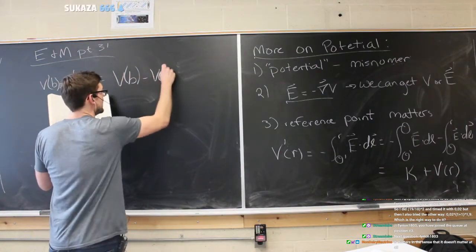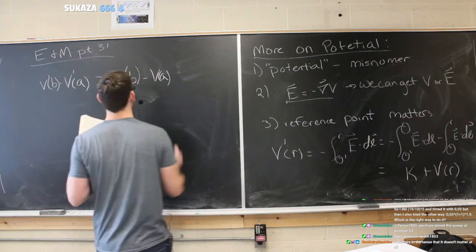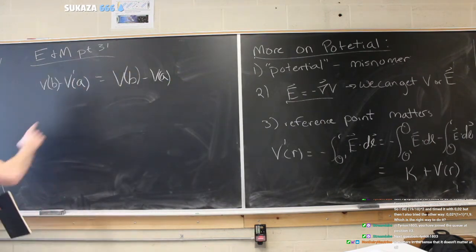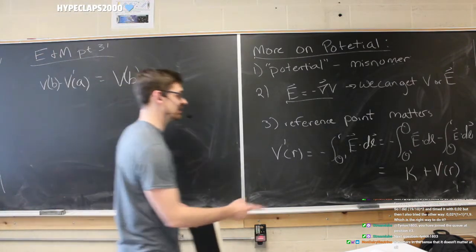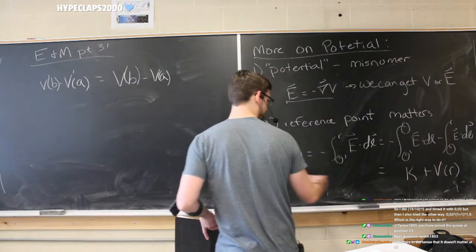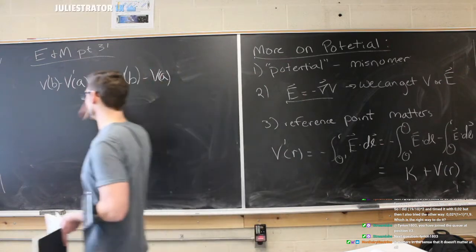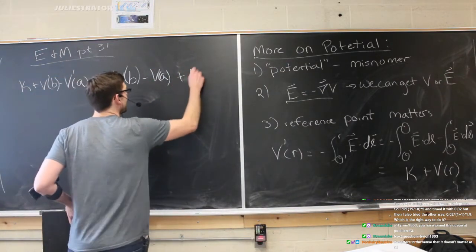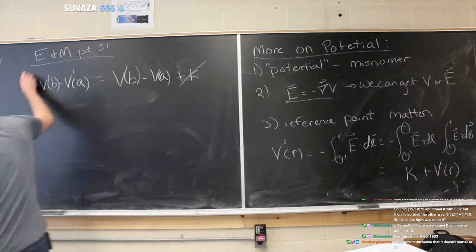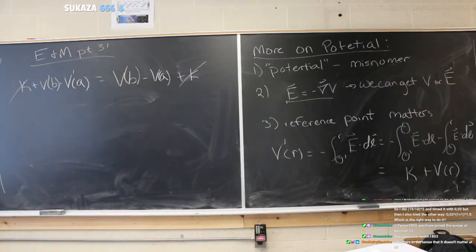And since changing the origin is just a factor of a constant, it's going to be a constant on both sides of this equation, because the r is what we really care about. So we'll just end up canceling it away. It would be like having k plus this, minus k plus that, and those are going to cancel away.